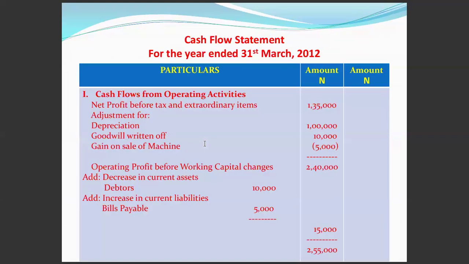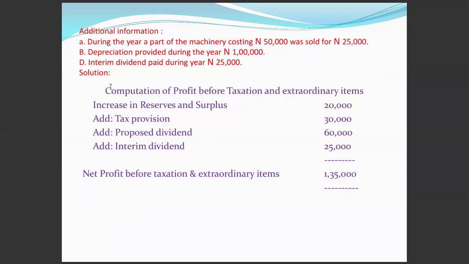Now I'll start understanding the same net profit before tax and extraordinary items. So here they are given. During the year, we have interim dividend so far. And after calculation of all these adjustments, we find out the profit of 1,35,000.